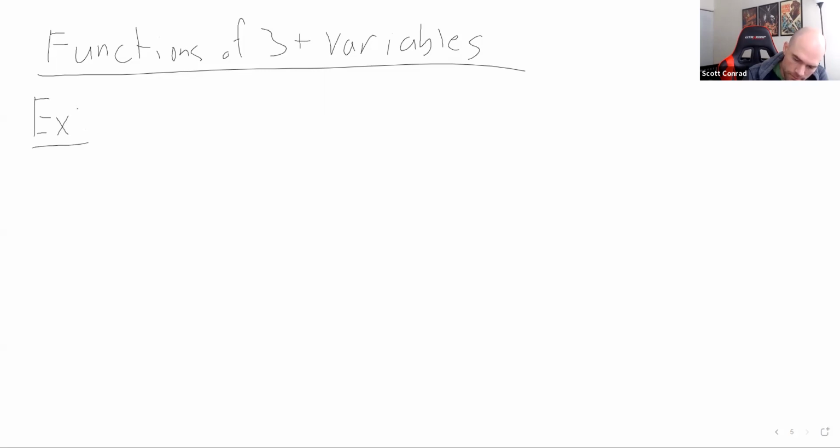So for example, suppose we have a function f of 4 variables, x, y, z, and w. So if this function is e to the xz plus y over z squared plus w.